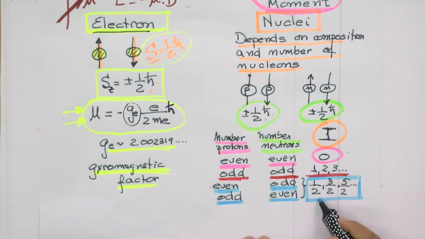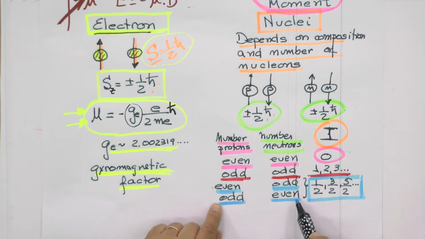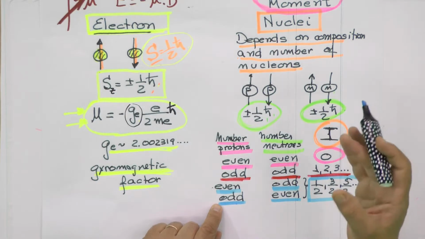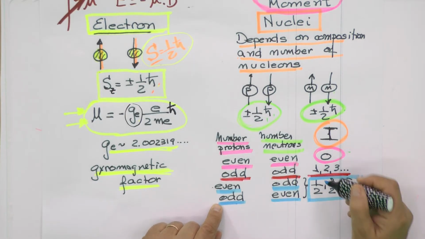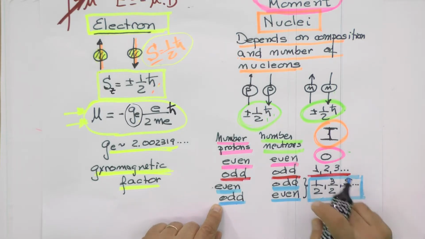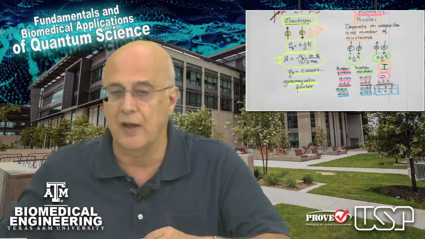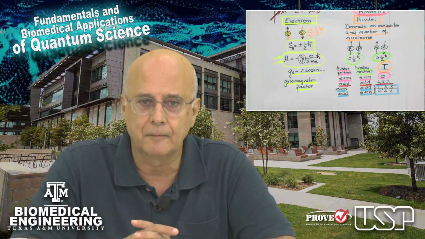So then it will be half, 3 halves, 5 halves, and so on. Suppose I have 0 neutrons and 1 proton, which is the nucleus of hydrogen. What is the nucleus spin in this case? It is half. That is the total angular momentum in units of h bar that is in there.